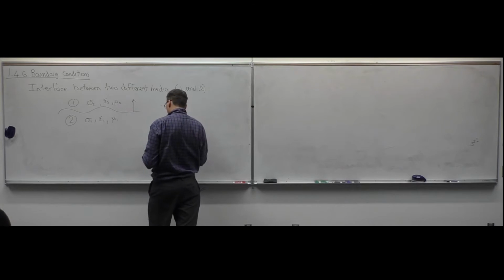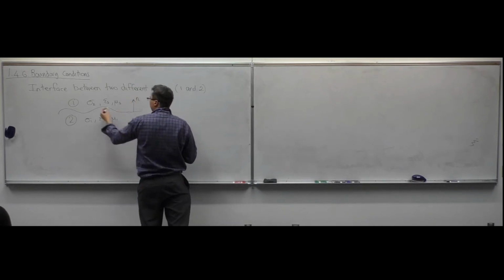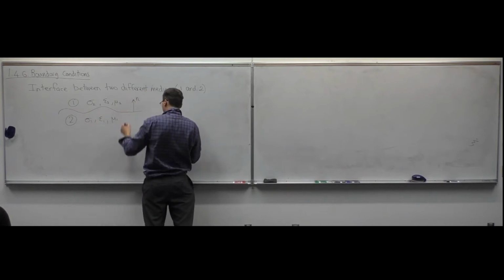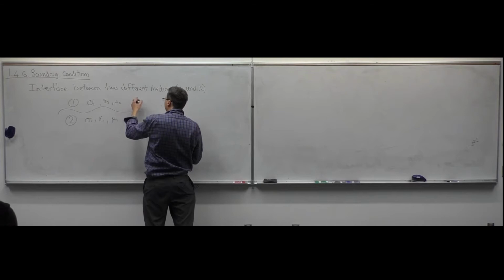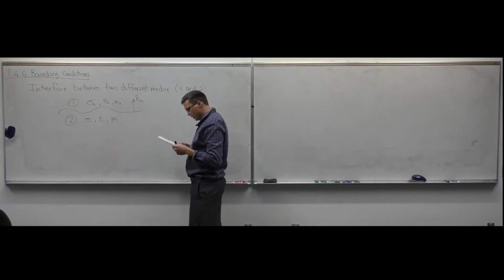We have this boundary here, and we can define a normal to that boundary, n, a normal vector to that boundary.